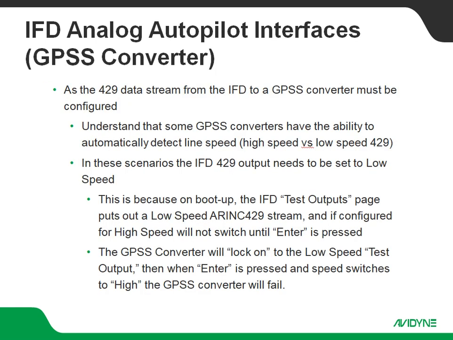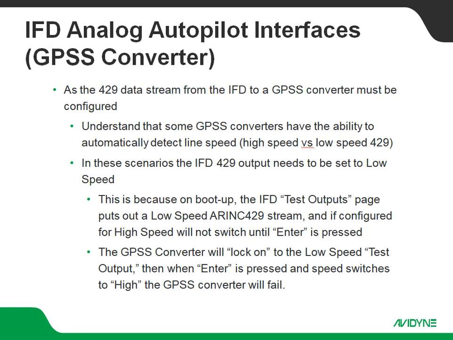A couple of things to keep in mind. Since that ARINC 429 data stream out of the IFD has to be configured, it's important to understand the GPSS converter that's installed in the aircraft and whether or not it has the capability to automatically detect line speed.